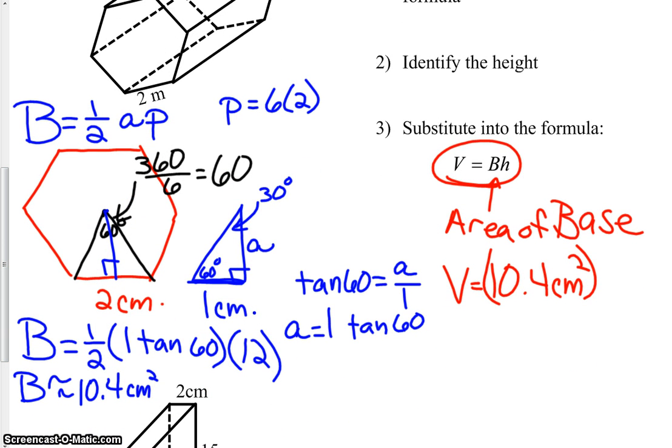Excuse me, these were meters, not centimeters. Times 5 meters, and 10.4 times 5 is approximately 52 meters cubed. Because I was multiplying square meters by meters, I got meters to the 3rd power, or meters cubed.